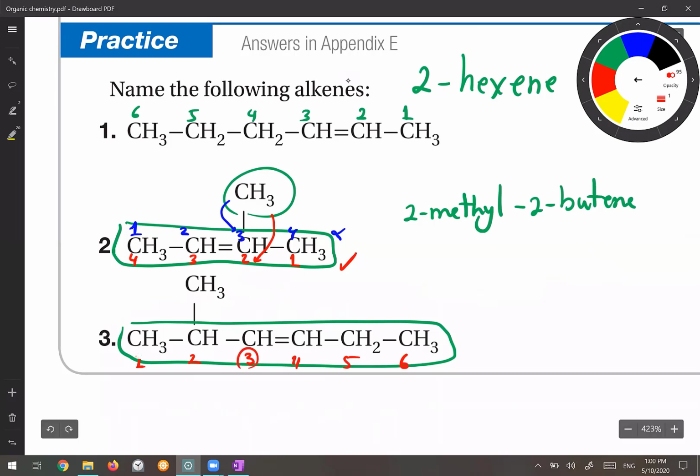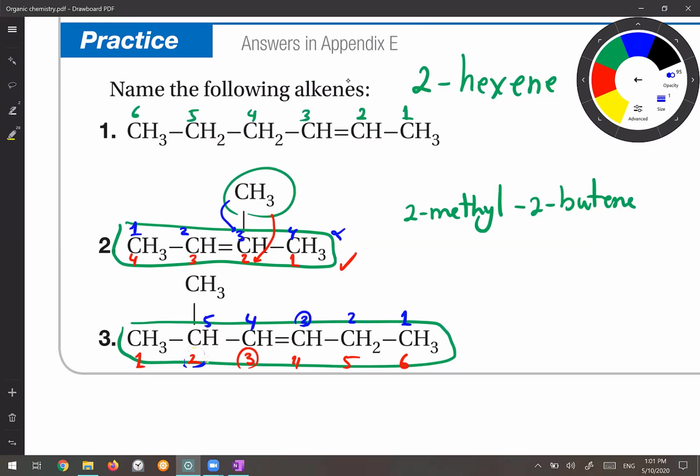If I number it from the right side, this would be carbon number 1, this would be carbon number 2, this would be carbon number 3. Again, the double bond would be on carbon number 3, but I have to number it from the left side because the branch would be in the second position if I number it from the left side. But if I number it from the right side, the branch would be in the 5th position.